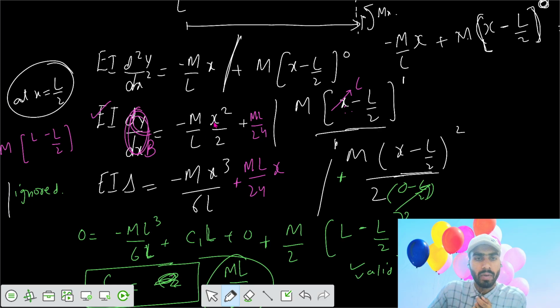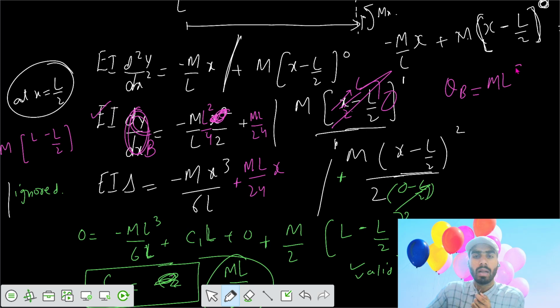That means x equals L by 2, so L square by 4, and similarly C1 is constant. We have to see whether this term is valid: L by 2 minus L by 2 is 0. So theta b equals ML times minus 1 by 8 plus 1 by 24, divided by EI.